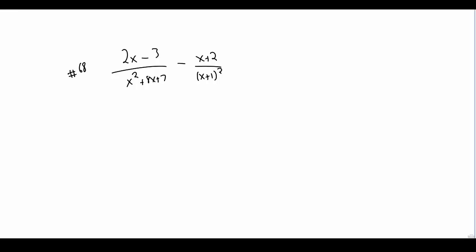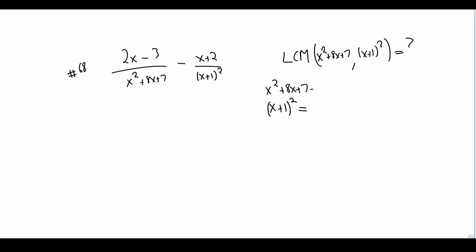So it's the same approach here. We first must find a common denominator. Let's compute the LCM of the two denominators. We factor each of the individual denominators.